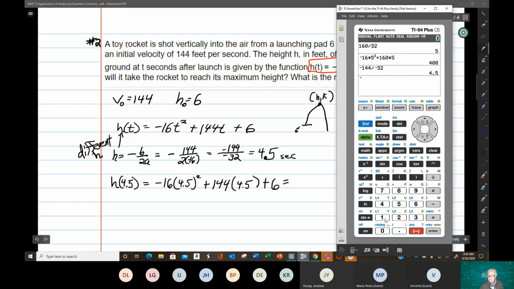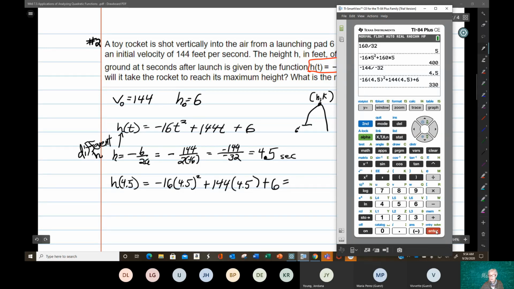Okay, negative 16, and I want to use parentheses just because I'm used to it. Negative 16 times 4.5 squared plus 144 parentheses 4.5 plus 6.